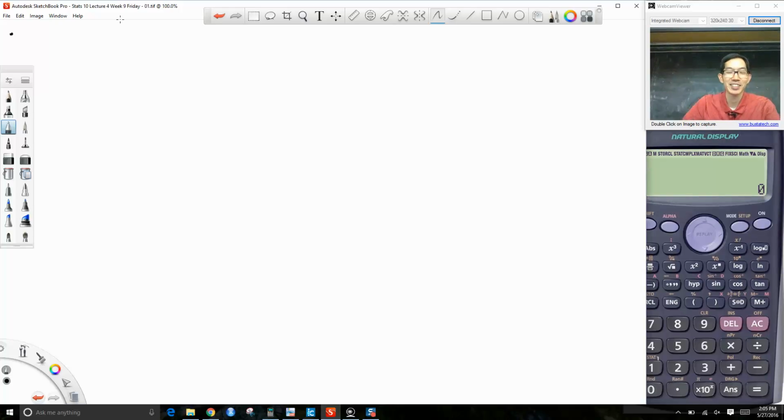All right, let's wrap up chapter 9. So we've got confidence intervals for the quantity mu1 minus mu2 based on 2 samples.